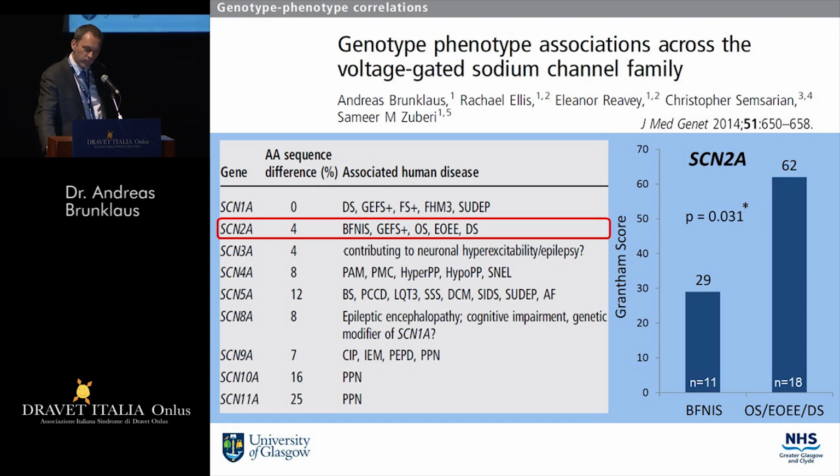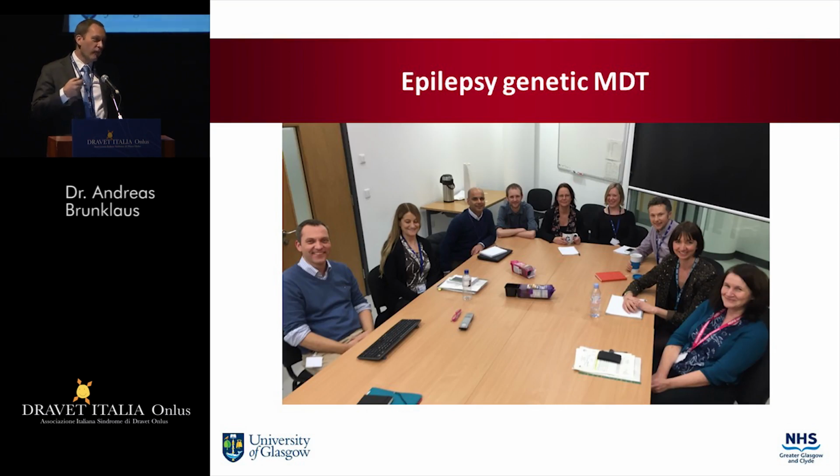Now, how do we eventually make sense of all the genetic data and interpret it? We do this in Glasgow by having an epilepsy genetic multidisciplinary team meeting. This means that child neurologists such as myself and Professor Samir Zuberi, as well as our geneticists Sheila and Daniela, and our lab scientists, sit together every week to discuss the results of our gene panel.